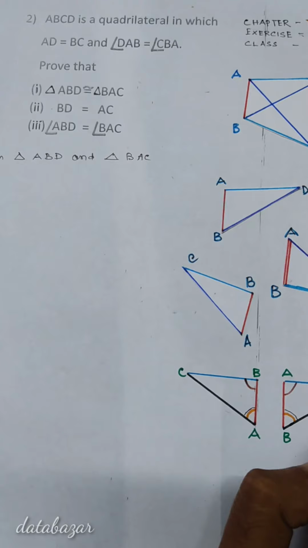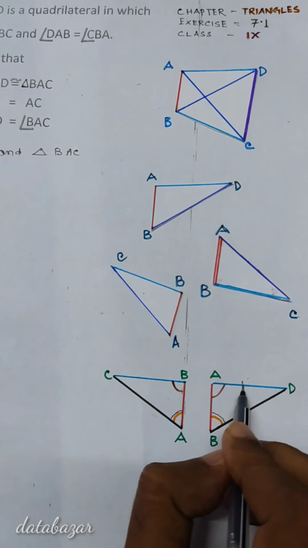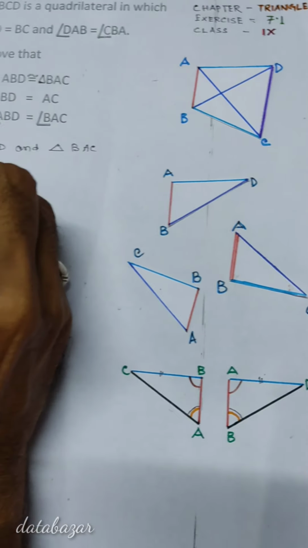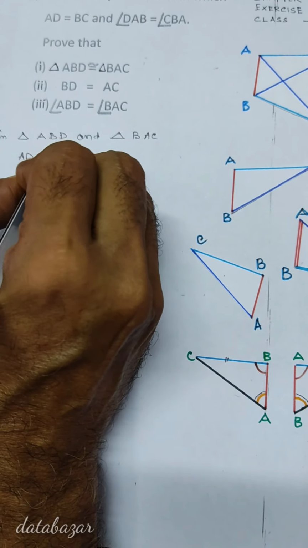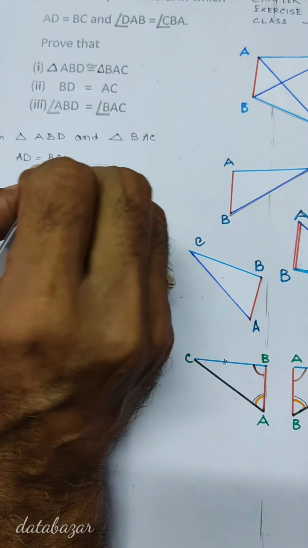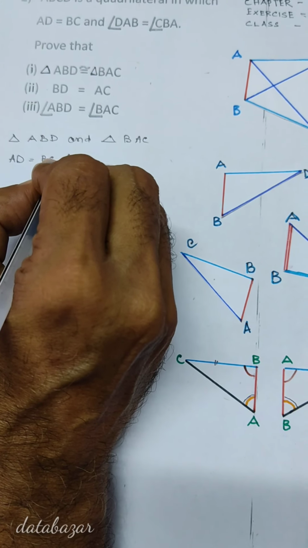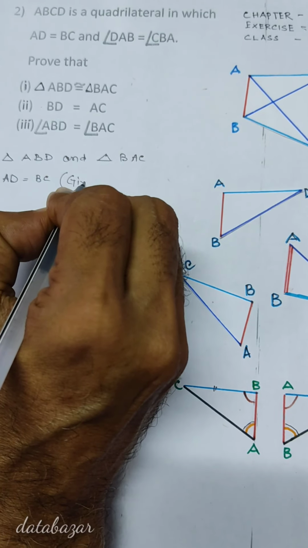Side AD is equal to side BC. So let us write AD is equal to BC. How are we telling it is equal? Because it is given in the question. So let us write the reason as given.